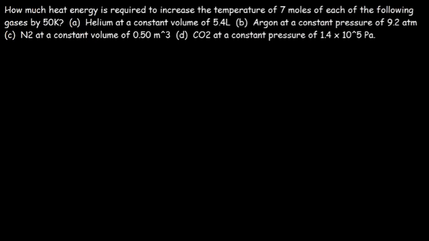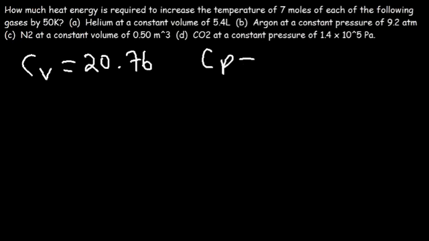So now let's go back to N2. If you look up in your textbook the values for Cp and Cv for N2, you'll see that Cv is 20.76 and Cp is 29.07 for N2. At least that's according to the textbook that I have.